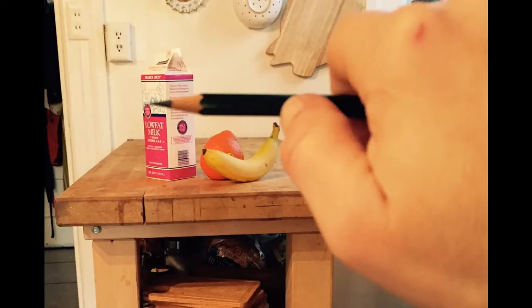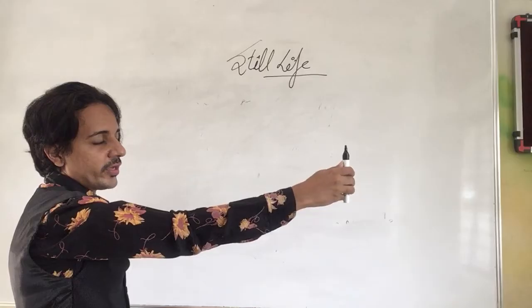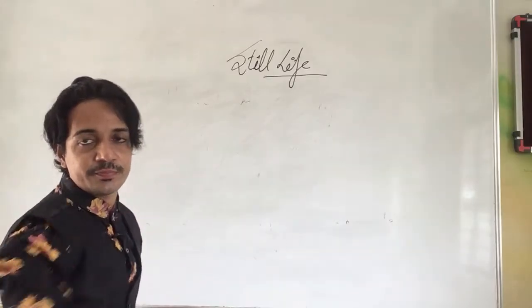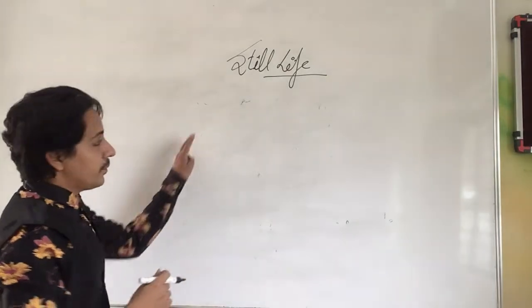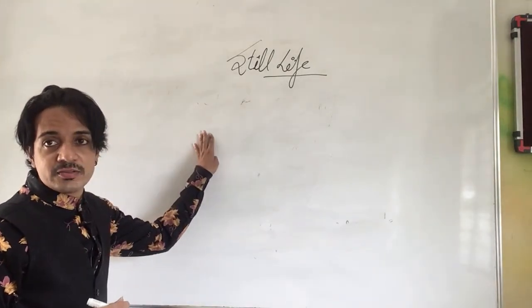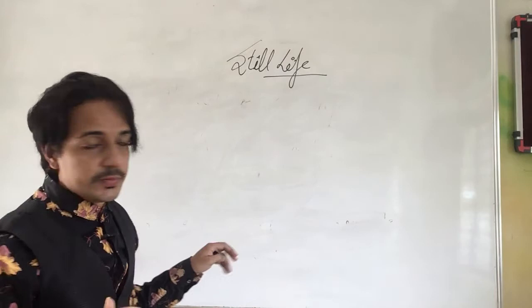Sometimes if you have issues and can't take it with fully open eyes, you can half close your eyes, then take the measurement. Before we start the still life, we take the measurement.